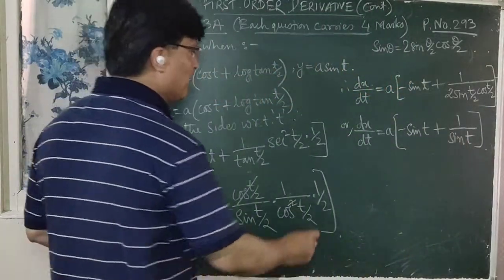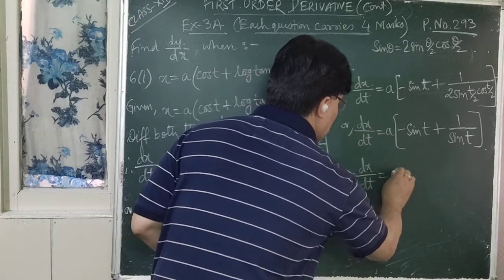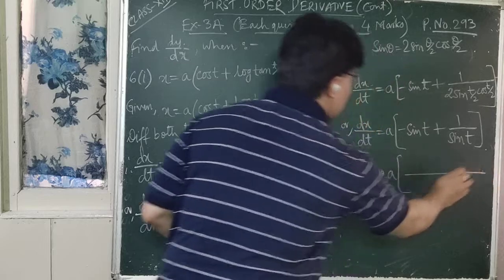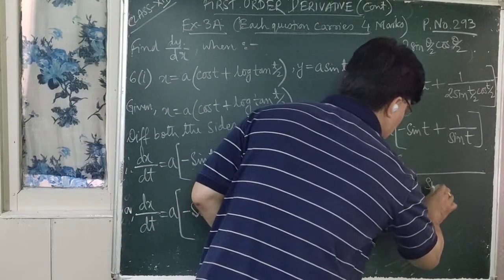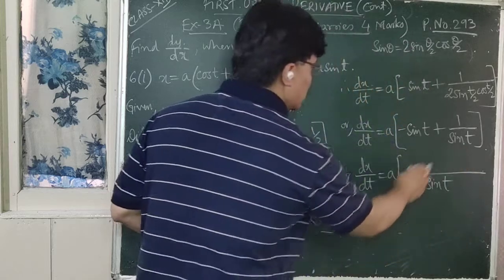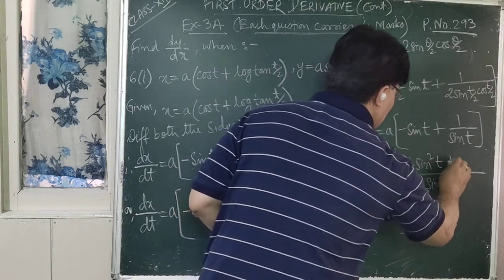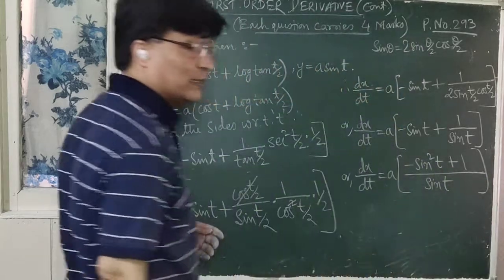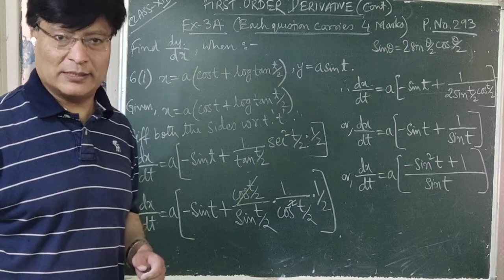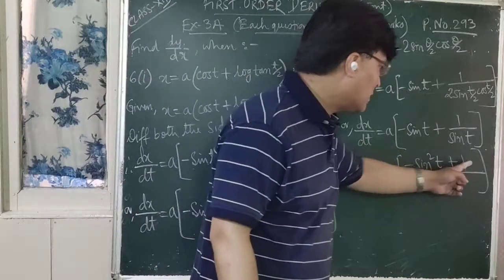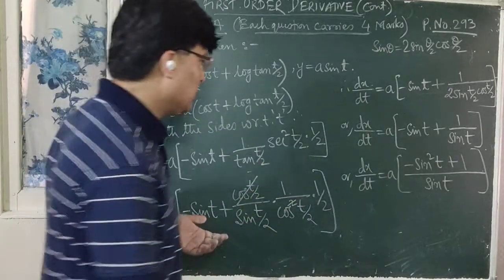So again you can simplify it further. dx/dt is equal to a within third bracket. What's the LCM? So here the LCM is sin t, right? So sin t into minus sin square t, then write down plus 1. So actually it is 1 minus sin square t, isn't it? What is 1 minus sin square t? That is your cos square t.